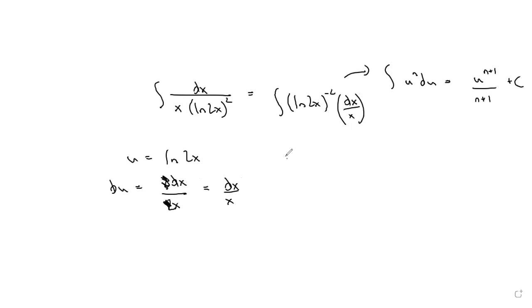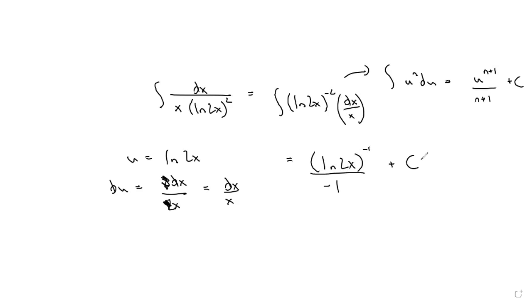So why don't we just directly integrate this now, because everything is good to go. Should we use u, or should we just use our original stuff? Let's use our original: ln of 2x, add 1 to the exponent and divide by that number. So that'll be minus 1 divided by minus 1 plus c.